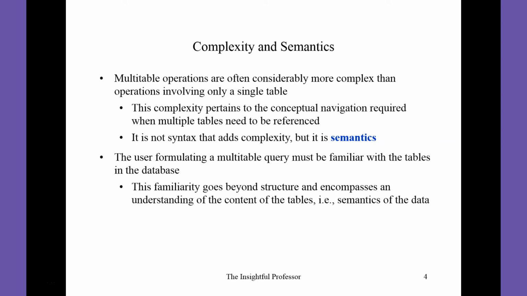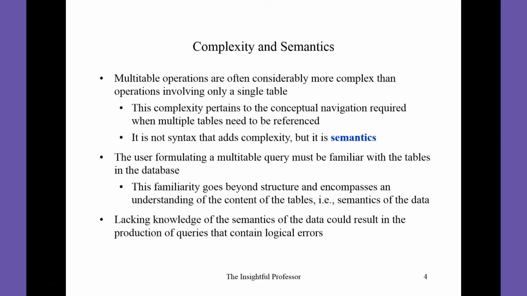And this familiarity has to go beyond just understanding the names of the columns and the data types of the columns. It has to go beyond the structure of the table. The user must understand the meaning of what has been captured in the table and the meaning of any relationships that involve this table. If the user lacks this understanding or knowledge of the semantics, queries that are written could be logically incorrect. What does this mean? It means that you could get the right answer to the wrong question.